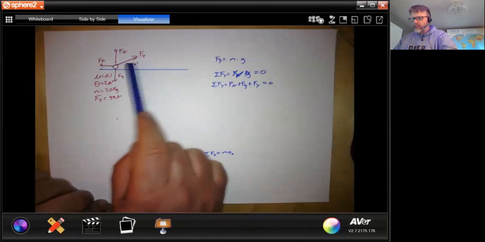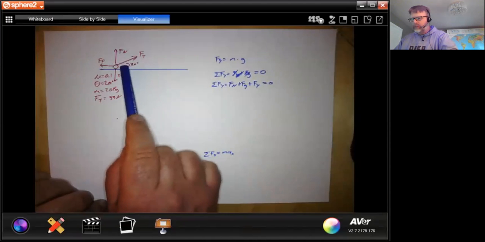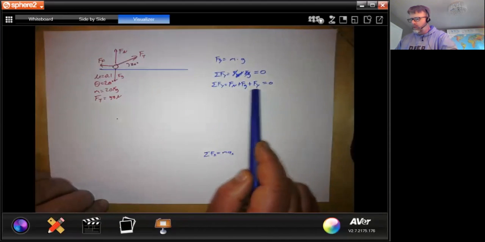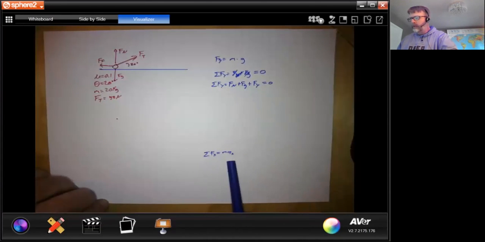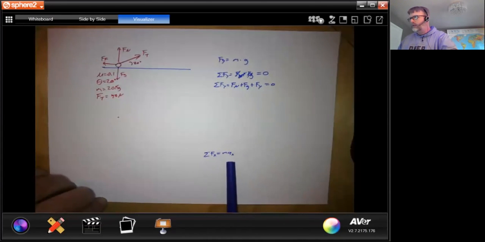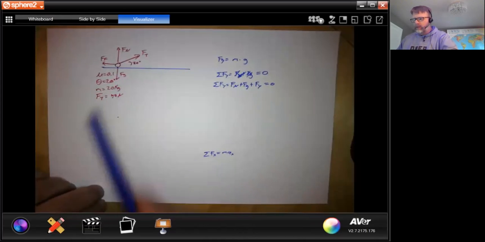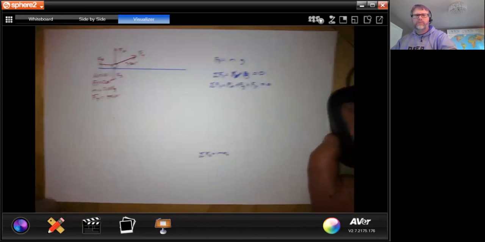This force of tension is going to have to be broken up into different pieces, and then we can start looking at my force in the y, and then I can finally get down to my forces in the x. So let's go ahead and do some of that.